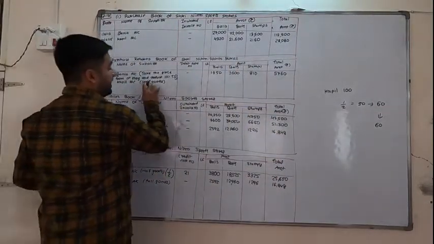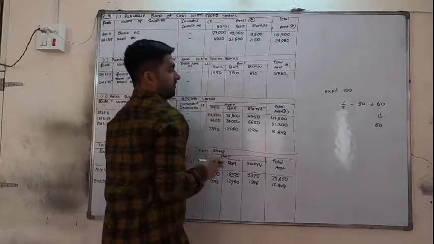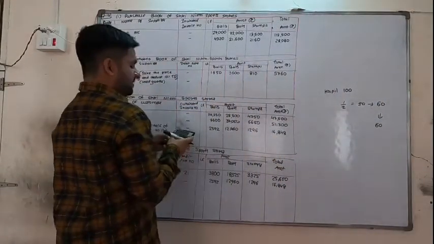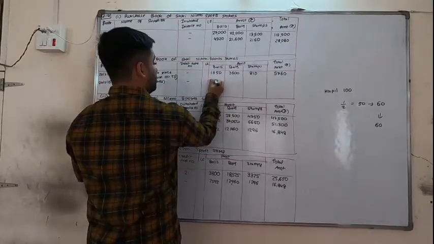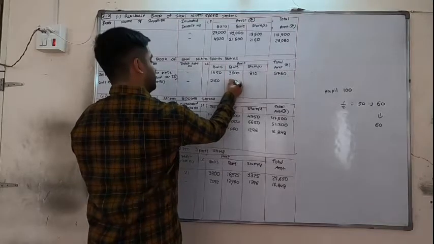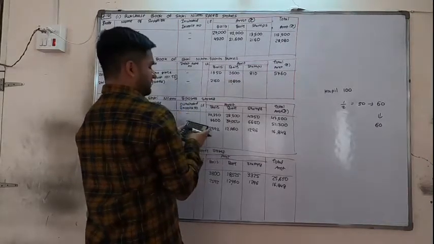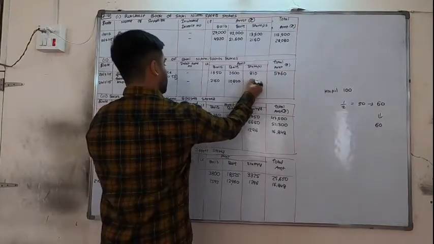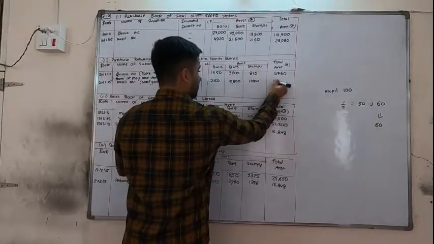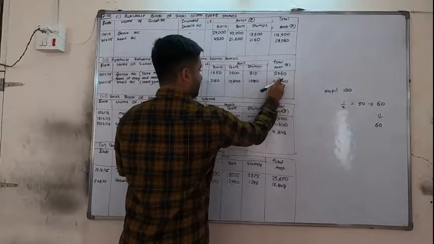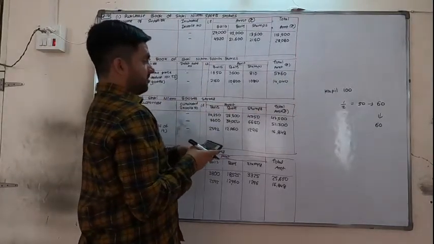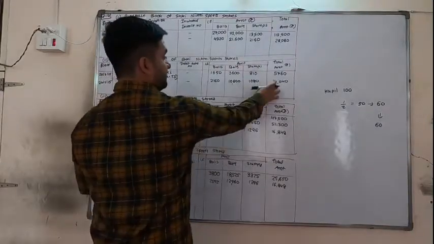So in Kapil account take half of each. 4320 divided by 2, 2160. 21,600 divided by 2, 10,800. 2160 divided by 2, 1080. 28,080 divided by 2, 14,040. Now 2160, 10,800, 1080 is 14,040.